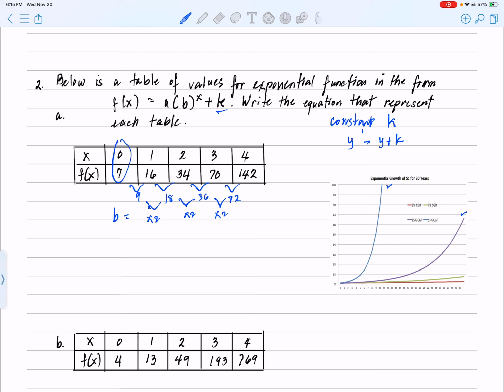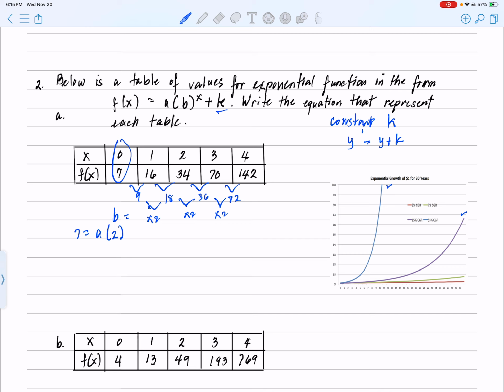Now let's take a first pair in order for us to write down the exponential function, f of x equals a times b to the power of x plus k. So we can use the x and y values of the first column, where y is 7, and a we don't know, but we know b, which is 2, and x to the power of 0.